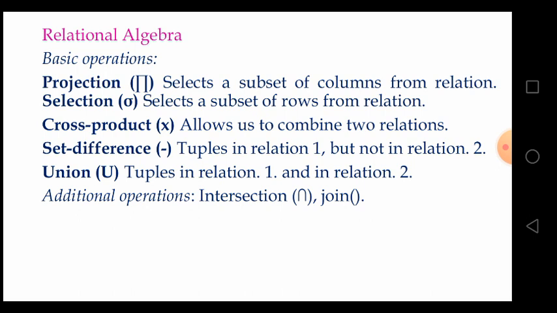First, relational algebra. In relational algebra, the basic operations are projection, selection, cross product, set difference, union. Projection means pi, which selects a subset of columns from a relation. Selecting a subset of rows from a relation is called selection.